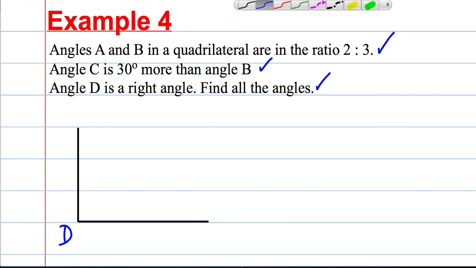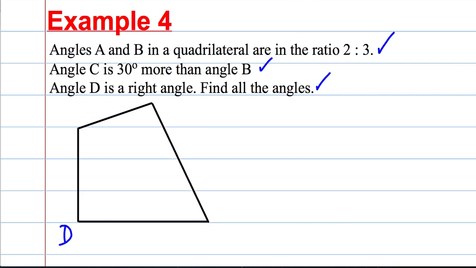And then we're told that A and B are in the ratio 2 to 3. So let's just draw it something like that. It doesn't have to be accurate. Imagine this is angle A, B, C, D, let's just say for argument's sake.